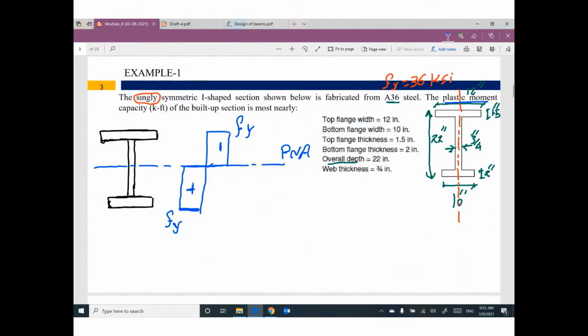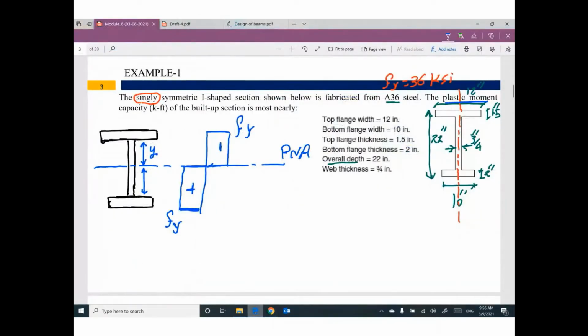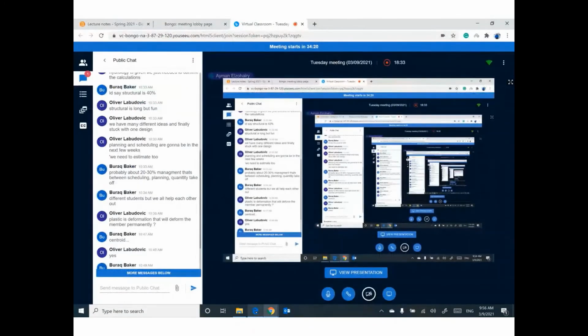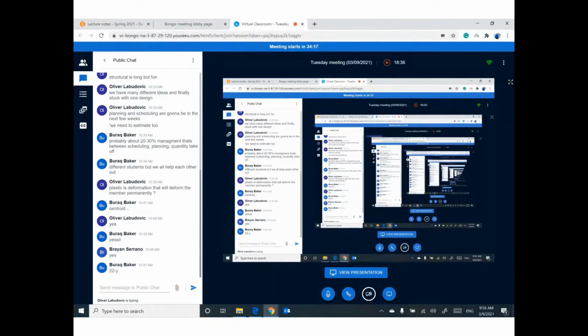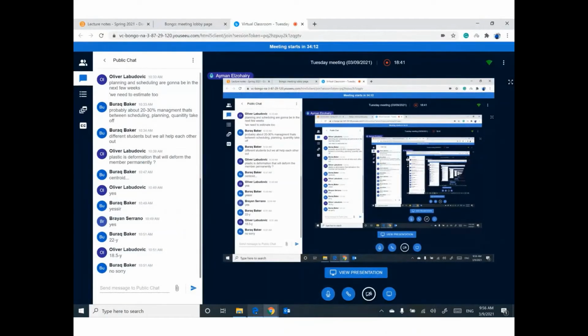Okay, let's do it step by step. If we assume this height is y, can you tell me the value of this height? Any answer? No, it's not 22, it's 18.5.